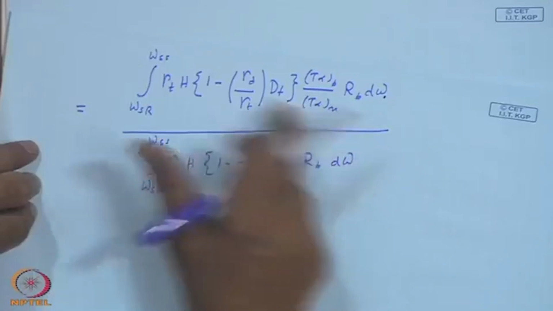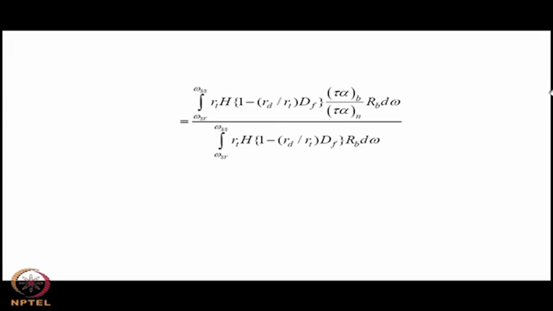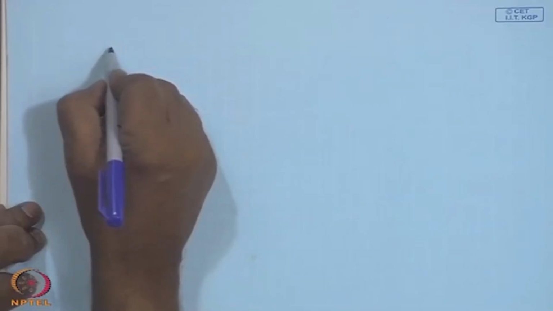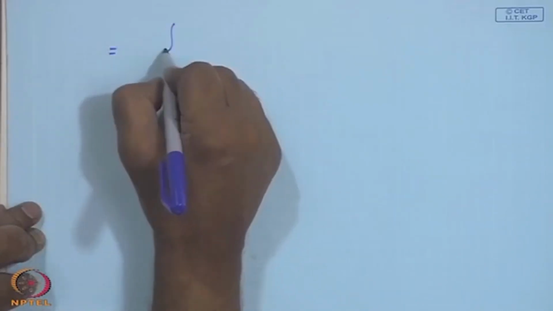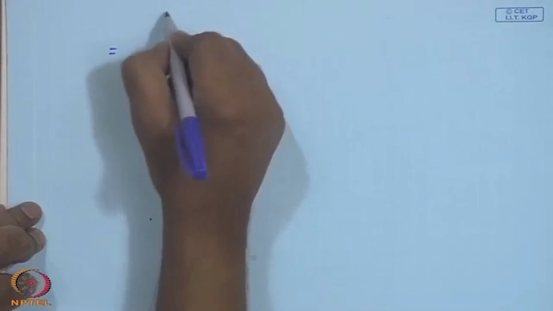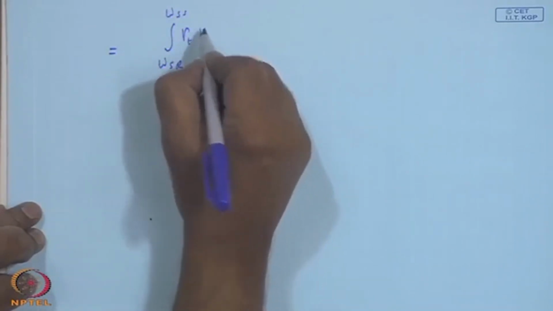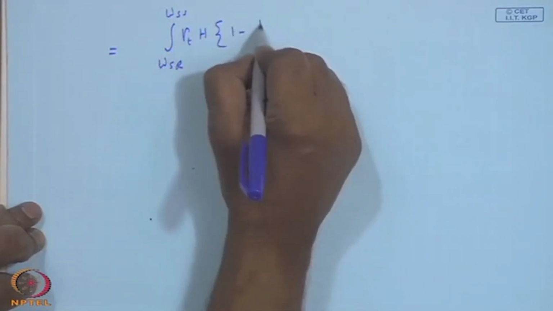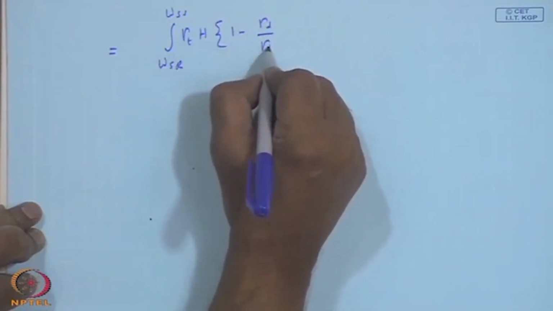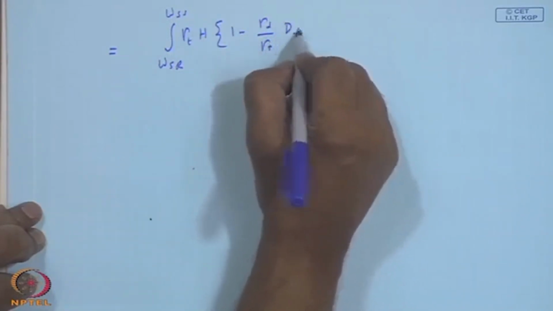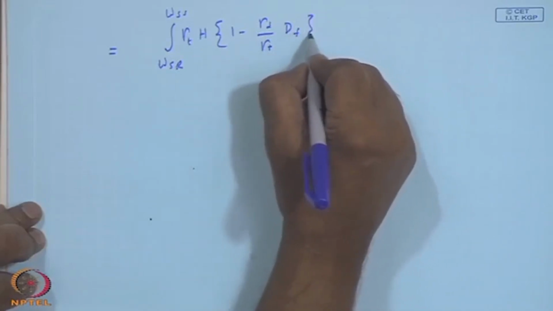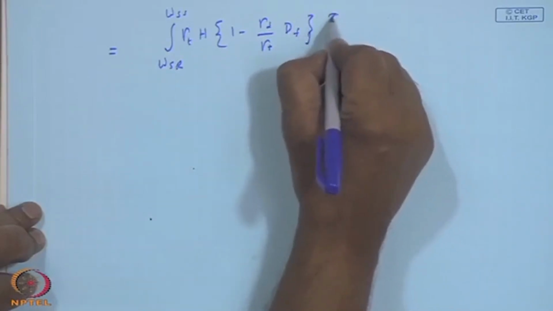Tau alpha normal is a constant, can be pulled out of the integration sign. So, this once again simplifies to, it does not simplify, it is the same relation, sorry.